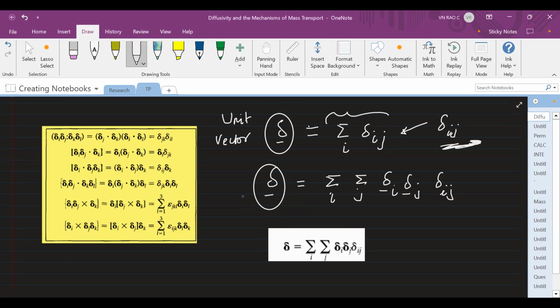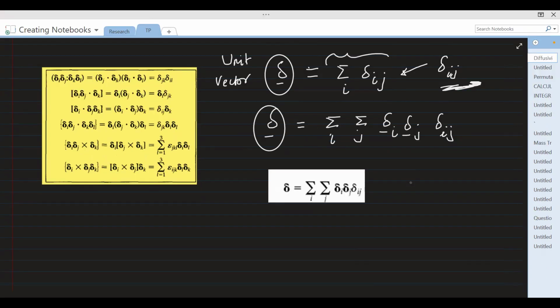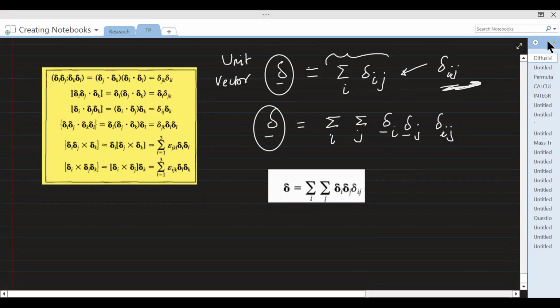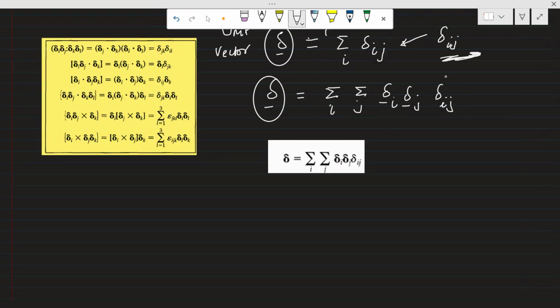Okay. But the same thing, if I make this the Kronecker delta ij. So this is the Kronecker delta.